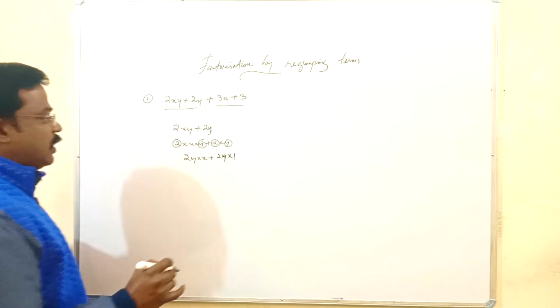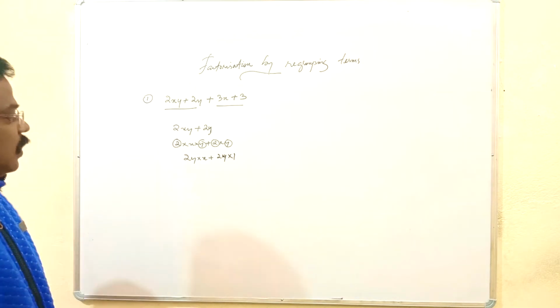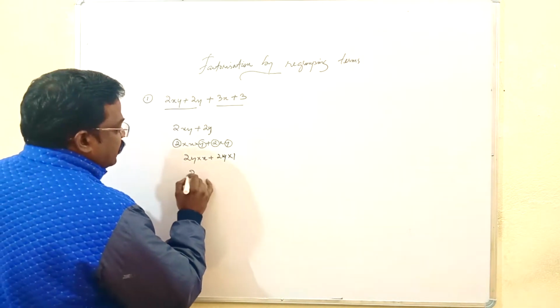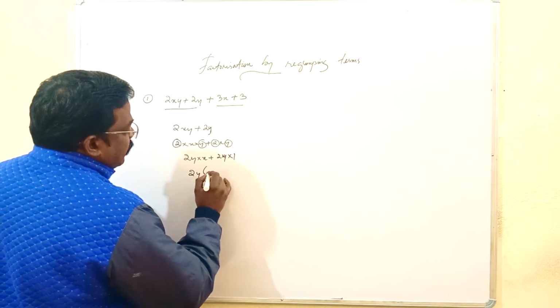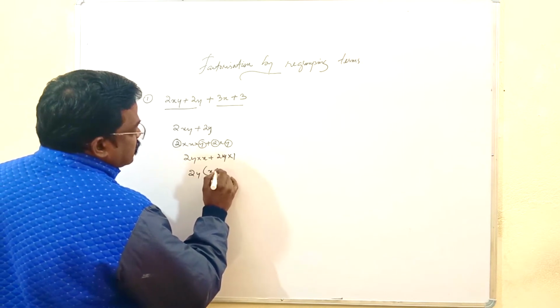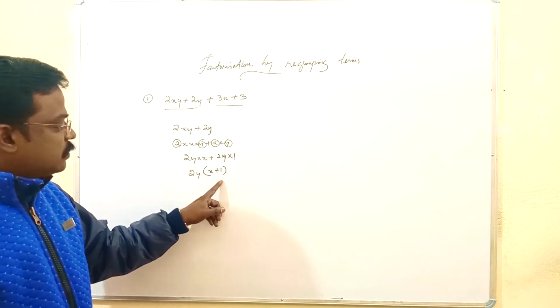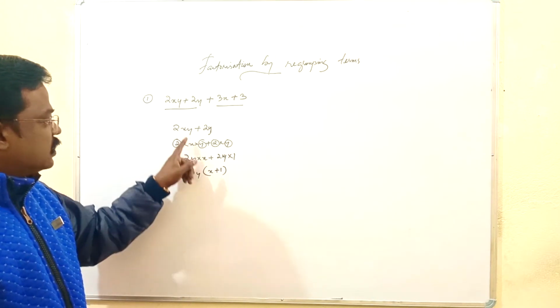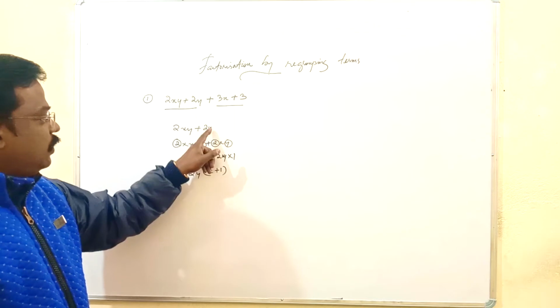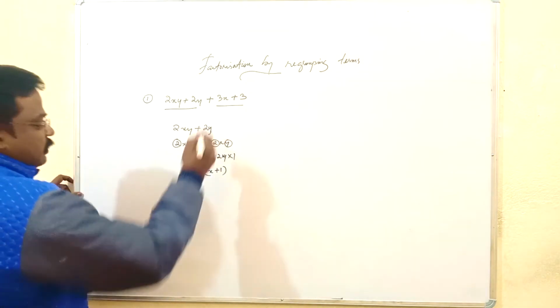There is no number, so we multiply with 1. So 2y is common and in the bracket x plus 1. Checking: 2y into x is 2xy and 2y into 1 is 2y. Okay, next one, 3x.